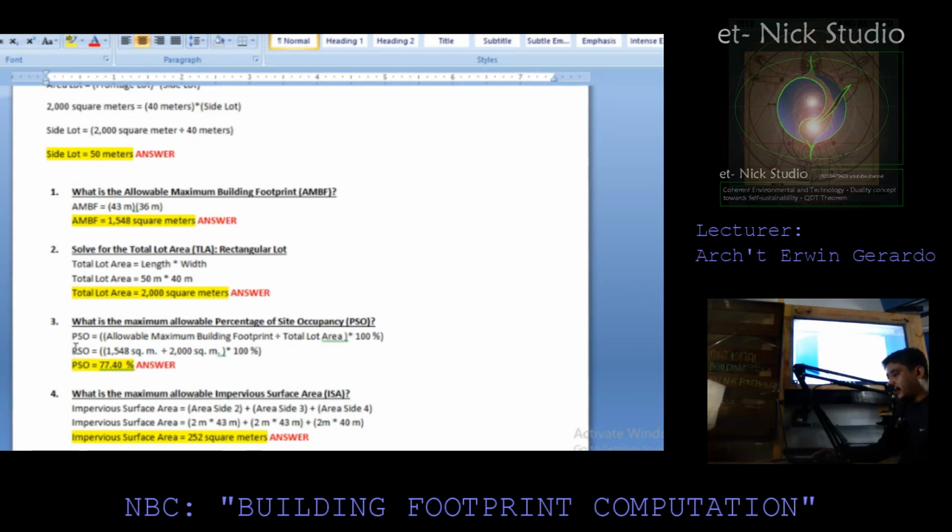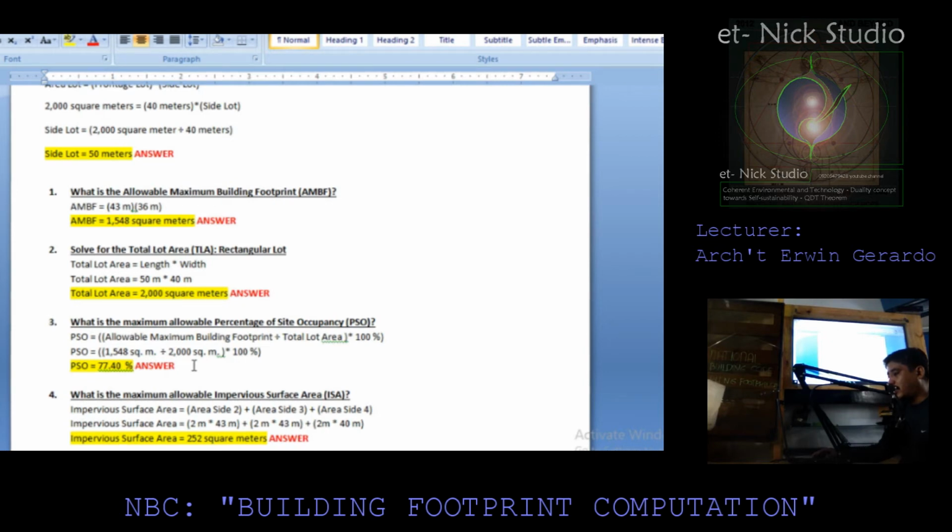So the percentage of site occupancy is equivalent to allowable maximum building footprint divided by the total lot area times 100%. So therefore, we just copy this allowable maximum building footprint, which is equivalent to 1,548 square meter divided by the total lot area, which is actually equivalent to 2,000 square meter, multiply it by 100%.